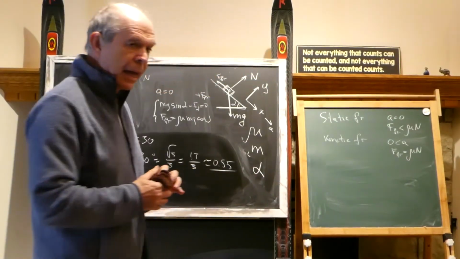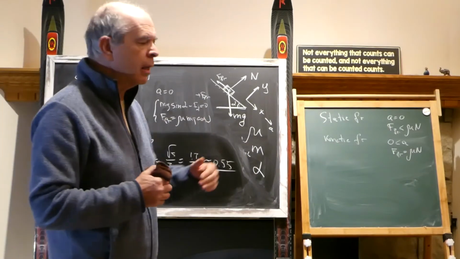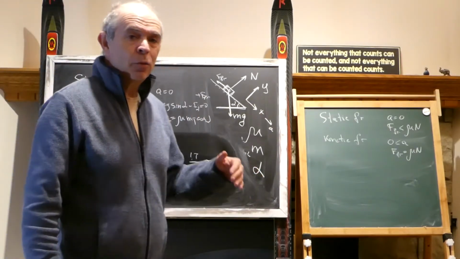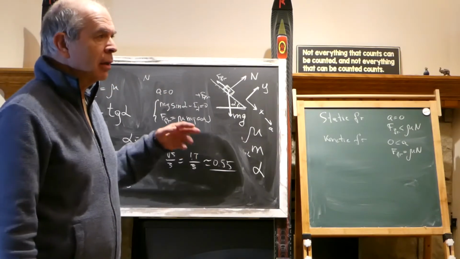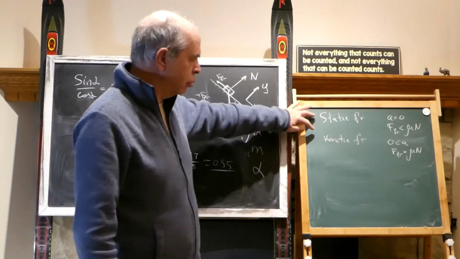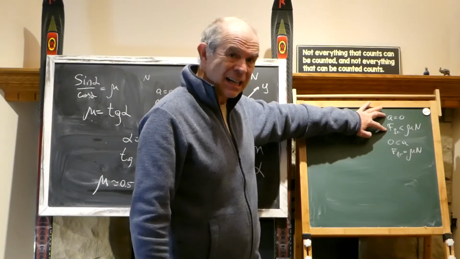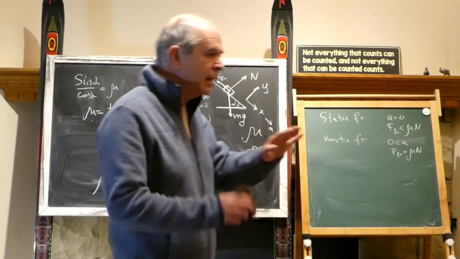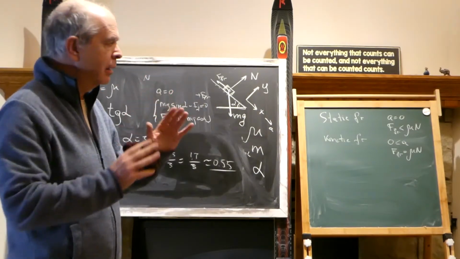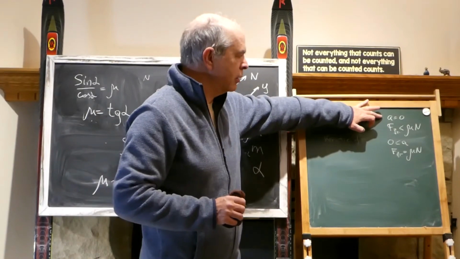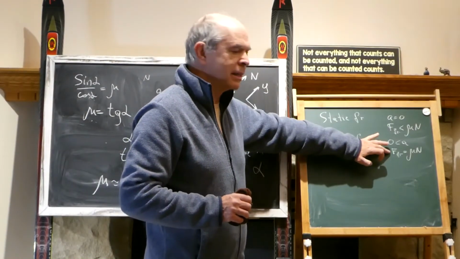And I hope that slowly but surely you're becoming more and more comfortable with this idea of friction. And you understand that there are two types of friction, and one type is characterized by this, another by this, and then there is a boundary. Then both are kind of valid, and we use this condition and this condition.